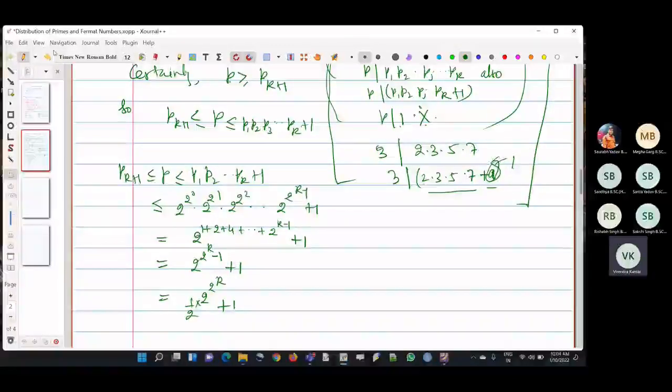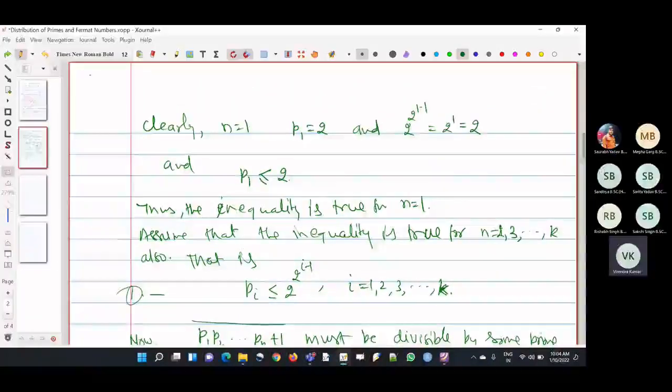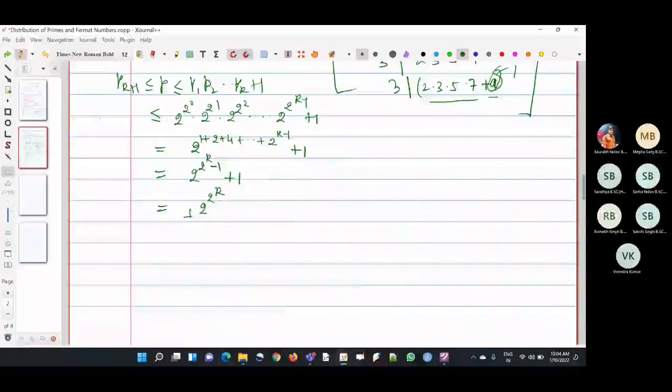This is not in power, but let me... Oh, sorry. What happened? This we can write like this, by 2 and then plus 1. Fine. So this is certainly going to be less than or equal to 2 to the power k.